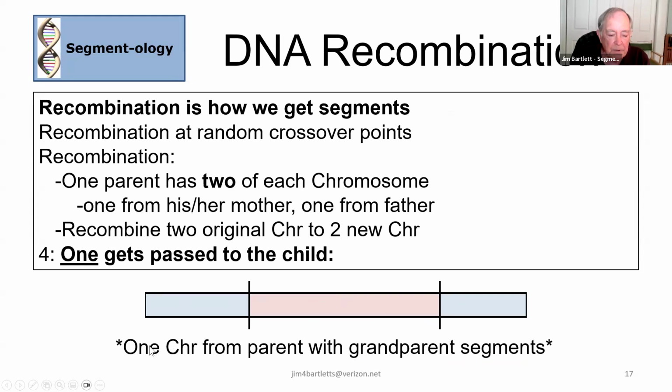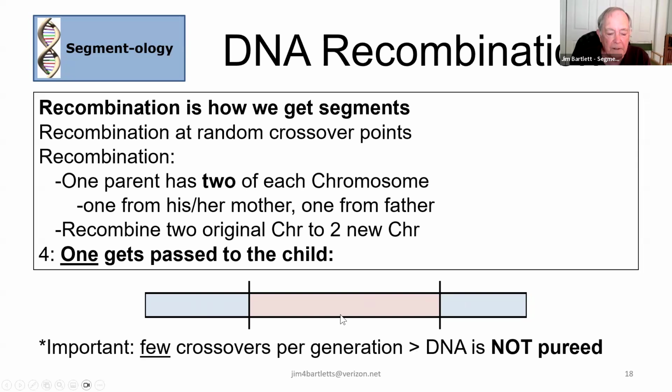This is an important piece to remember, that what your mother or father will pass to you is 1 chromosome. It'll have big chunks of DNA from your grandparents. In this case, 3 chunks alternating from your paternal grandfather to maternal grandmother to paternal grandfather.